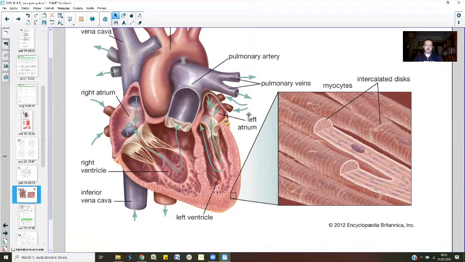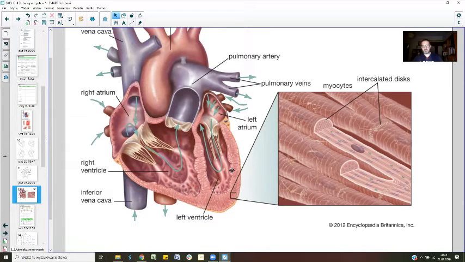Back to the heart from the lungs, the blood flows through pulmonary veins. Here we see the right ones and the left ones. Here is the left atrium. Blood flows into the left ventricle, and from this left ventricle it is pushed into the aorta.